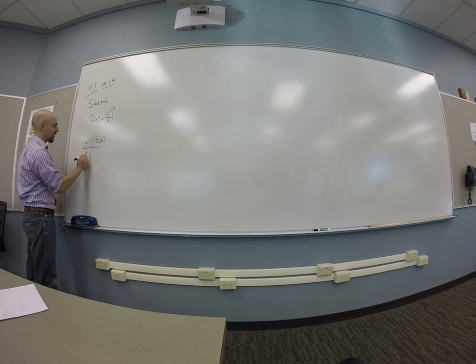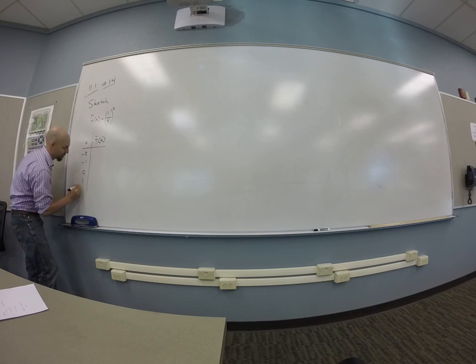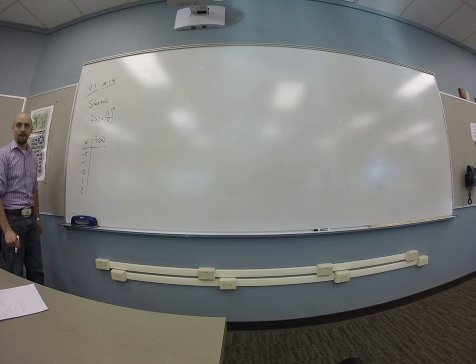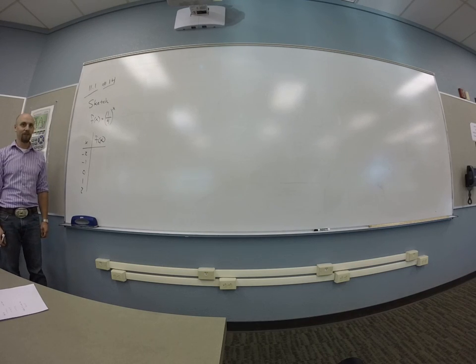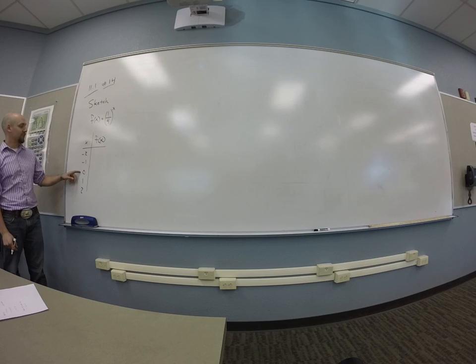Okay, so let me plot some points. Here are my 5 favorite x values, anyway. Which ones of these are really easy? 0, 1, 2. Yeah, 0, 1, and 2 are pretty easy. What do you get when you plug 0 into this function? 1.